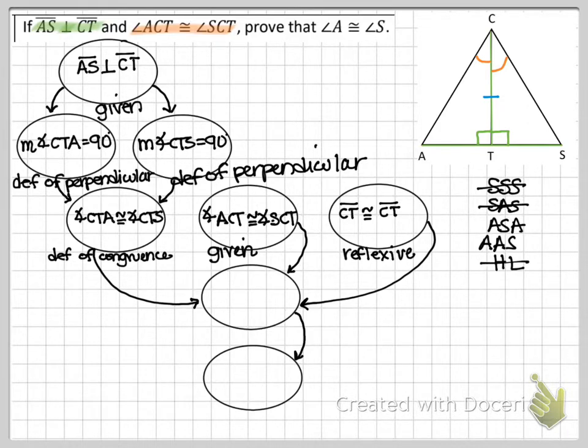Okay, it's got to be one of those two. And then I look to see where the side is. Well, the side is trapped between the two angles. So I do believe that this is going to be angle-side-angle. All right, so now I can take all of those and go down and prove the triangles themselves.